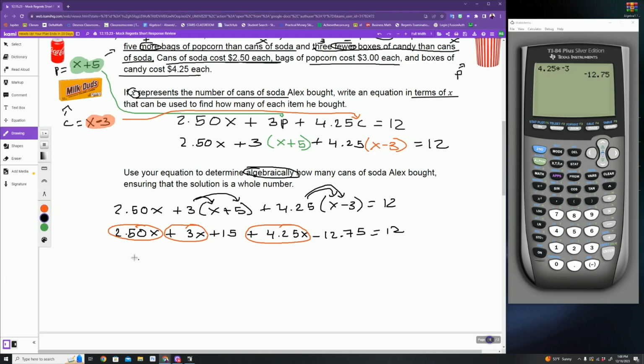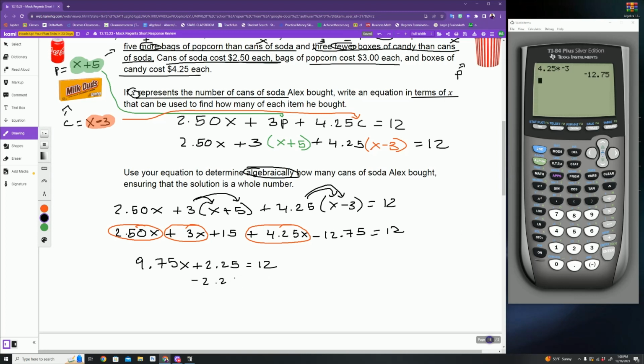So this here becomes 9.75x plus 15 minus 12.75. That's going to give us 2.25, and it's a positive. Plus 2.25 equals 12.